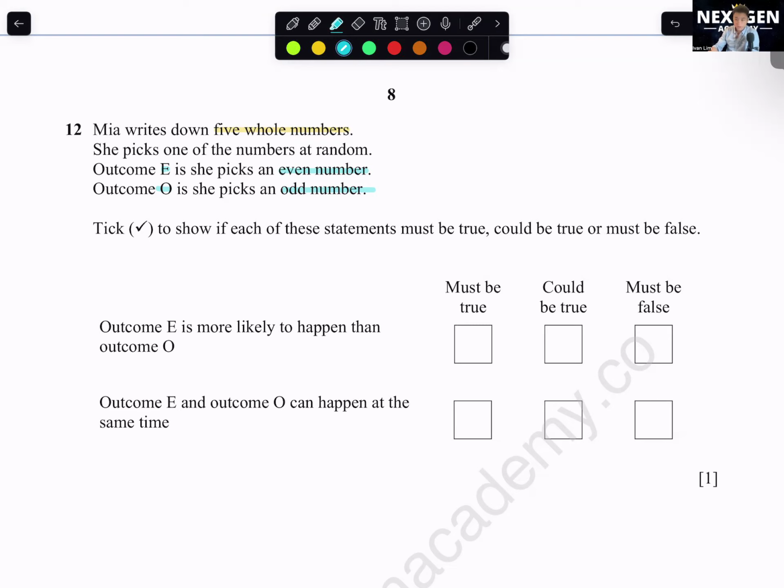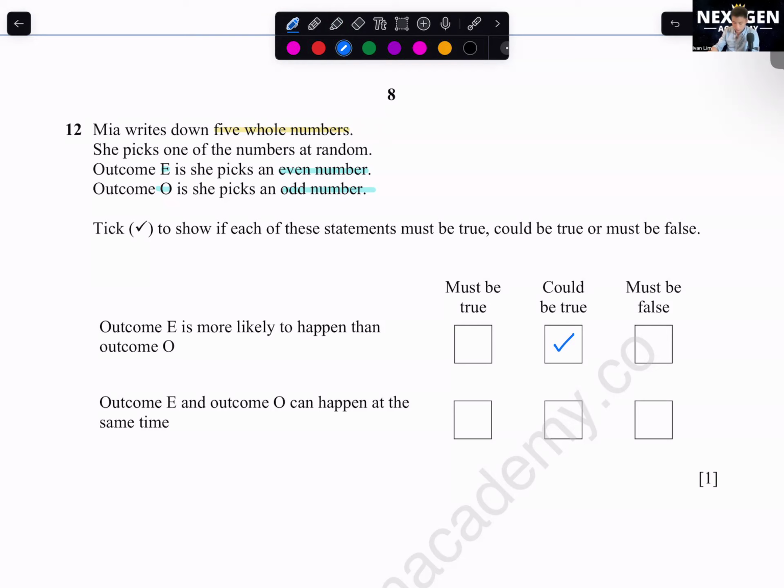But it is possible that E can be more than O, right? Maybe you have 4 even numbers and 1 odd number. We don't know, but it is a possibility. So this one is could be true. Could be true, could be false also. So that's why we say could be true.